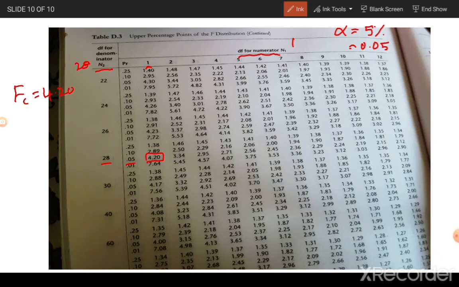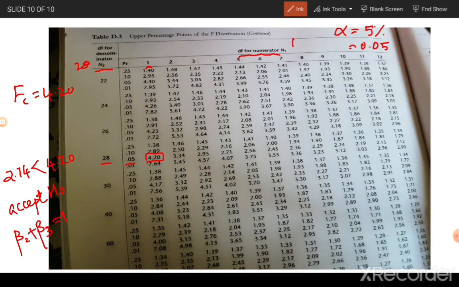And what was my F statistic that I had calculated? 2.74. Since 2.74 is less than the critical value 4.20, I am forced to accept H naught. What was it? That beta 2 plus beta 3 is equal to 1.